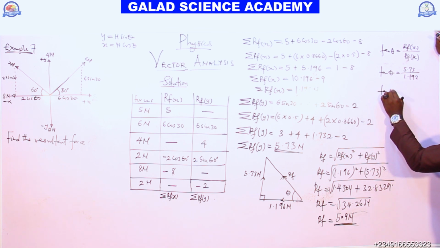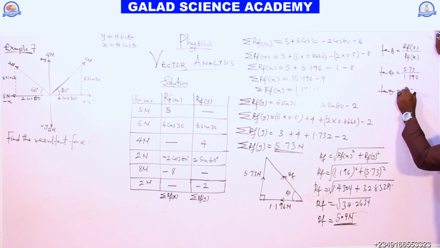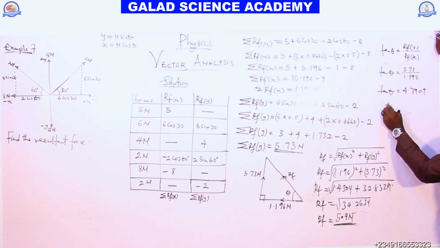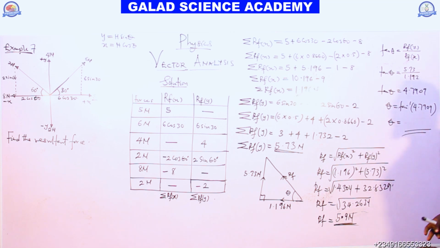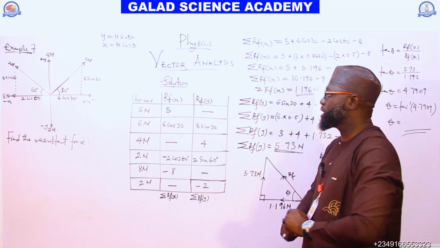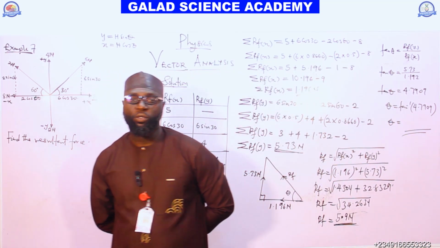Divide this over this, it will give us 4.790. Then arc tan of this, we have 4.790. So if you press your second function, you get the final answer. So the next aspect we need to check now is parallelogram's law of vector.